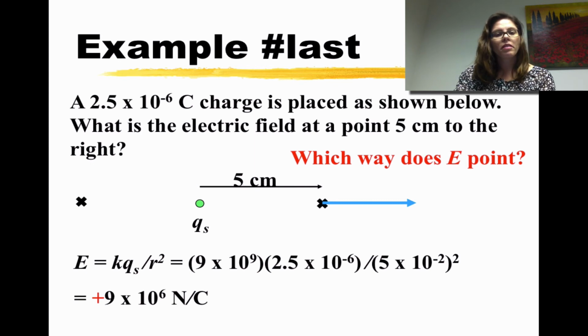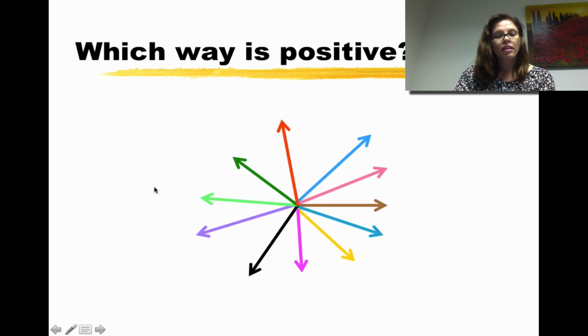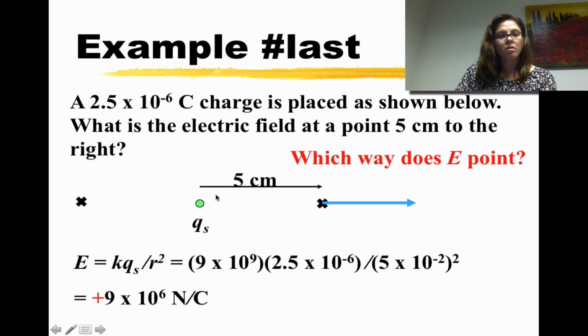Now, let's say we want to find the electric field right here, which is also 5 centimeters away from this charge, but on the other side. Well, this equation stays exactly the same. K is the same constant. The source charge is the same, it's still 2.5 times 10 to the negative 6.